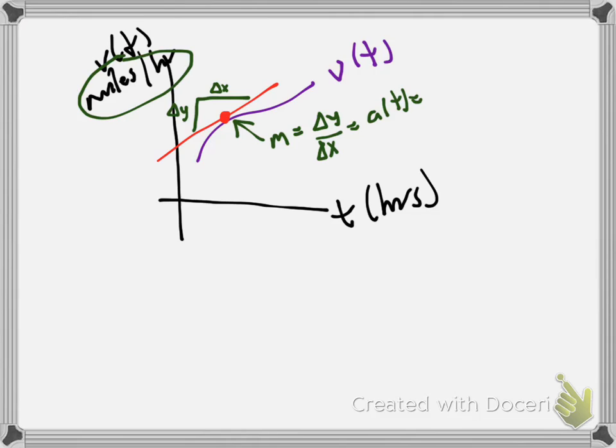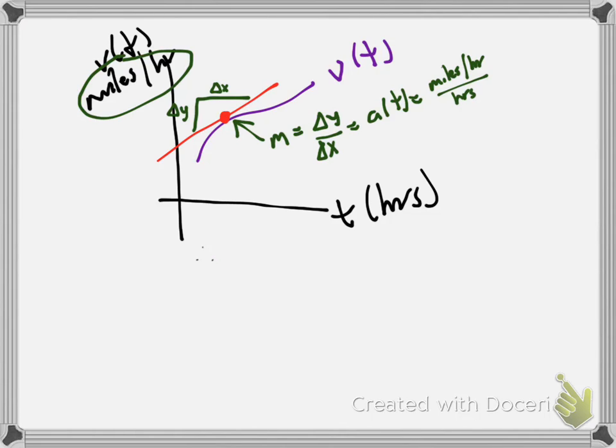So we're going to list that as miles per hour. And the horizontal change in x, change in the horizontal direction, would be in hours. Okay, so I'll put that down here at the bottom, so we get miles per hour.